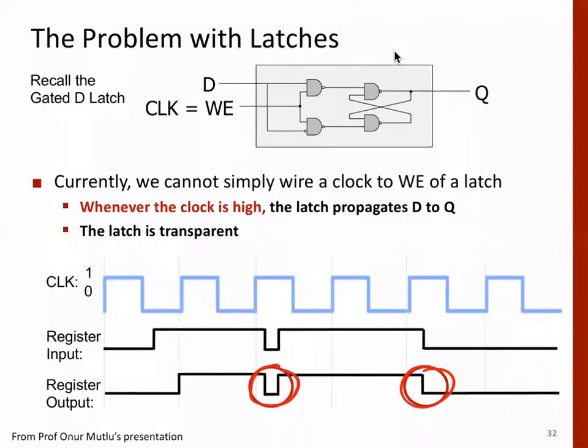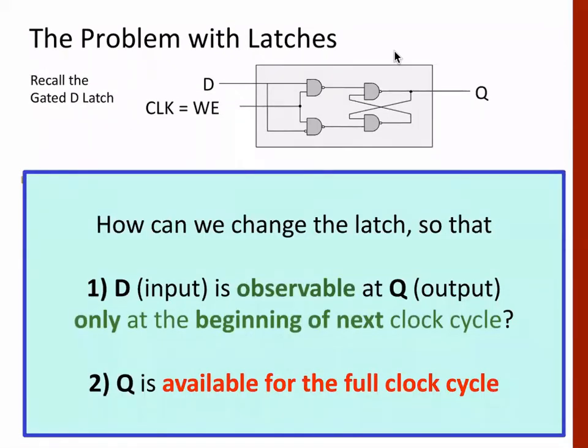Here also you see the output changes while at this level, because it senses only level. Ideally, the state change should have happened here. So all these are not really desirable. Hence, we move to the D type of flip-flop.